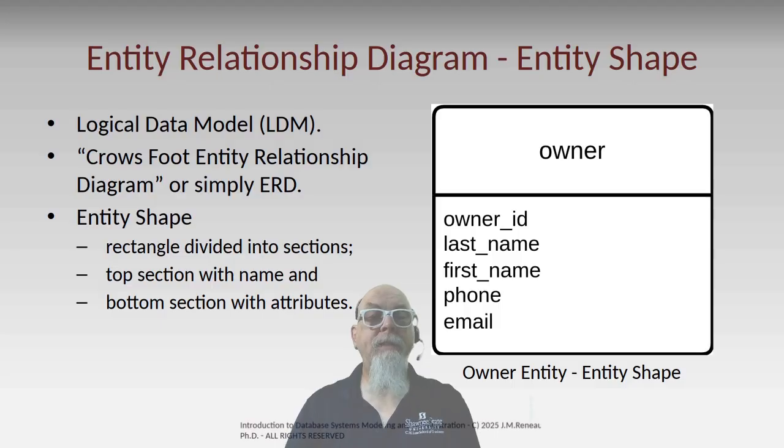So that's the entity shape, and this is the entity shape used in something called crow's foot entity relationship diagramming, also called ERDs, and that's the type of diagramming that I've seen used in industry most, and it's the type of diagramming we'll be using in this book for our more complex data models.